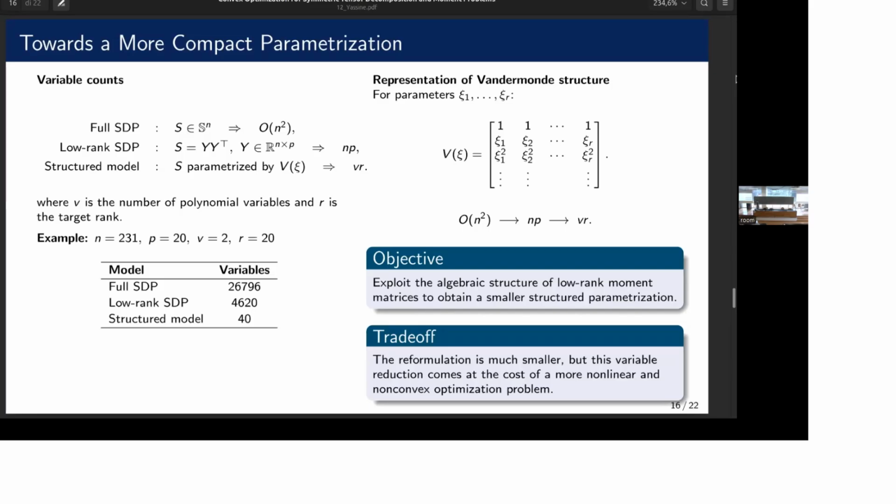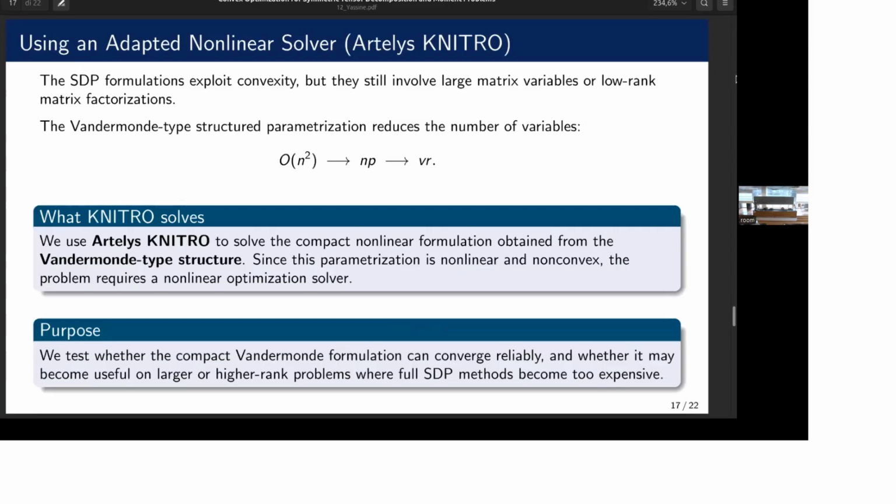However, this huge reduction comes at a cost, which is increased nonlinearity and nonconvexity of the problem, because in this Vandermonde matrix the coefficients now become nonlinear. Our SDP formulation becomes a problem with nonlinear constraints. For this, we used a nonlinear solver, Knitro from Artelys, in order to solve this problem.